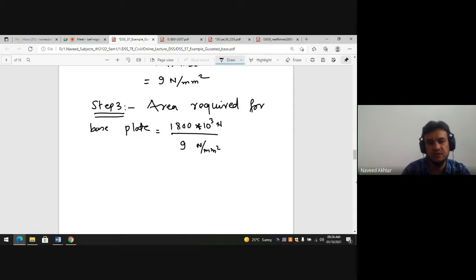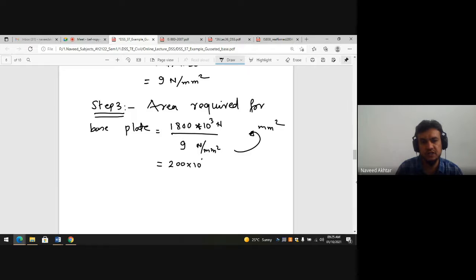The mm square will become up, so you will get area in mm square. If you calculate 1800 into 10 raised to 3 divided by 9, the area required will be 200 into 10 raised to 3 mm square. This area is required.